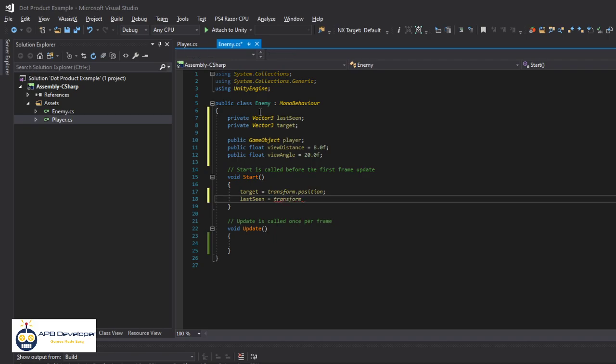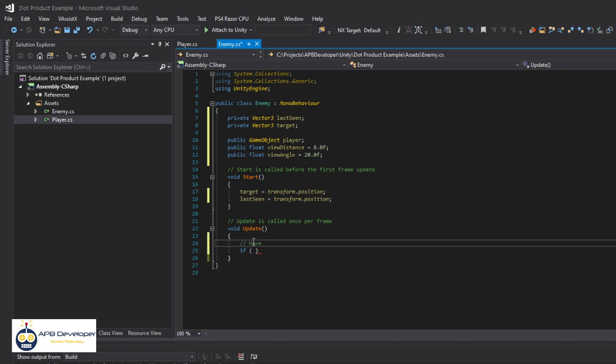When we start the game, we'll just set both to the transform of the object itself. So at the moment, he's not seen anywhere. He's trying to head to where he is. So in the update, straightforward for now. Let's see, have we reached our target.